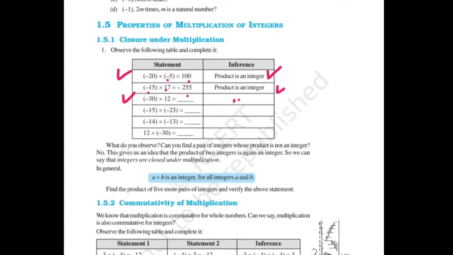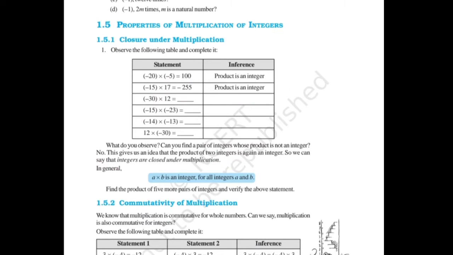It is also an integer. So if we multiply in these examples, the answers come positive or negative, but all become integers. Okay, got it students? So we can say that integers are closed under multiplication.